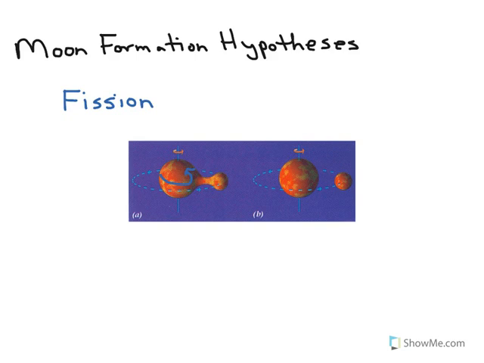So the idea was to picture this molten blob separating off from the Earth and becoming our moon. Now, this predicts, because the Earth and Moon are forming from the same material, that you should have identical composition.